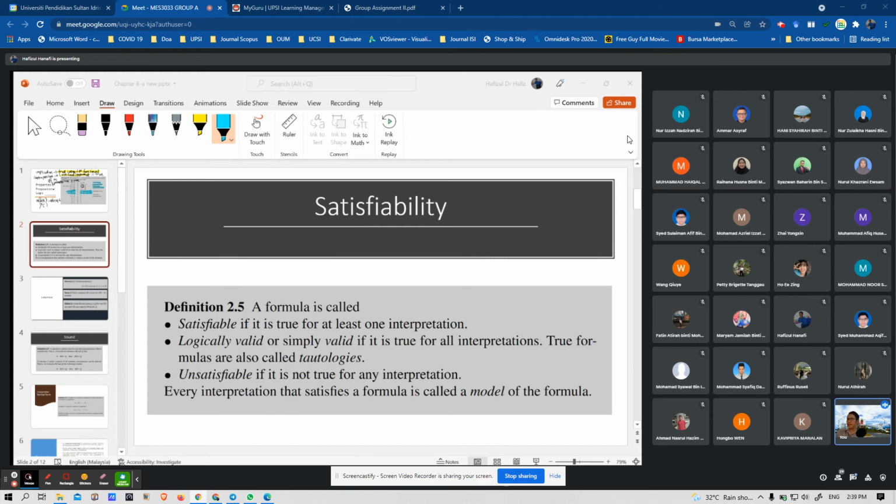It is unsatisfiable if it is not true for any interpretation. A theory is satisfiable if at least one interpretation makes the formula true, and valid if every formula is true in every interpretation.